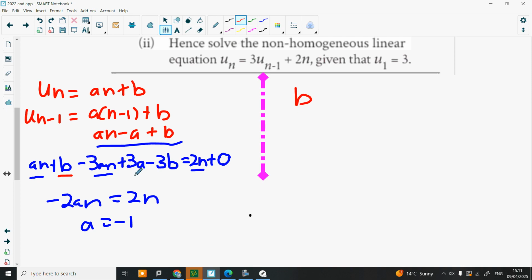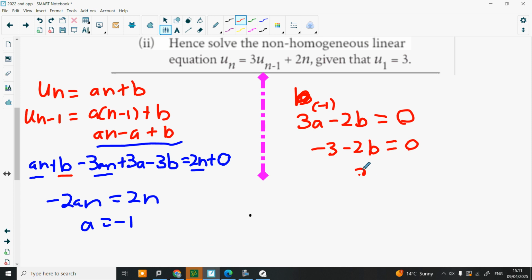And then we have b. Sorry, I'll add these together. Is it 3a minus 2b equals 0? See the 0 on the other side? What are we going to say then? That's minus 1, isn't it? 2b equals minus 3. b equals minus 3 over 2.